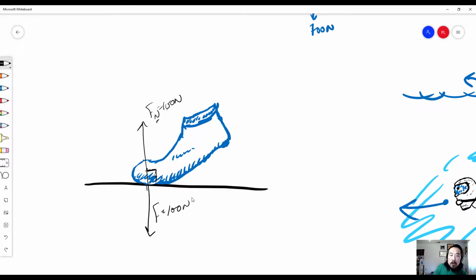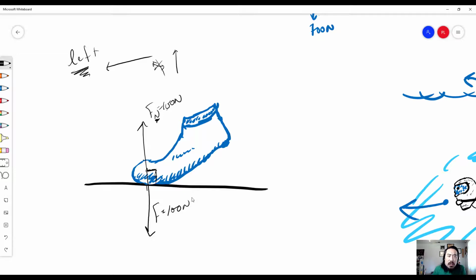However, remember, this person is moving to the left. So if the person is moving to the left, yet this normal force is pushing upwards, these two are not the same direction. So that means that the normal force pushing upwards is not what causes the person to move to the left. All right, so let's get that out of the way.